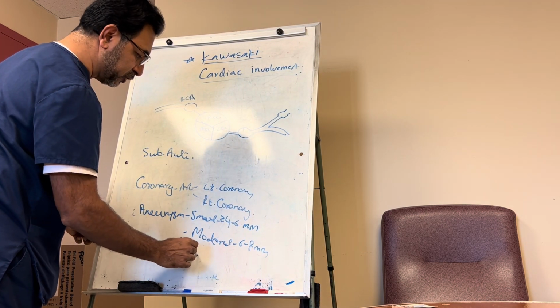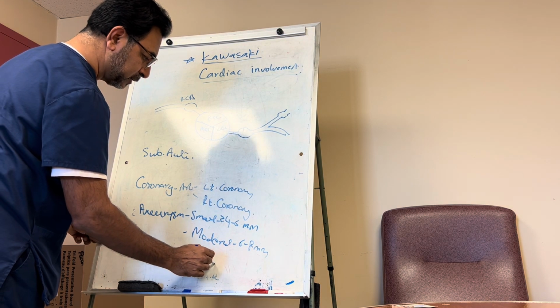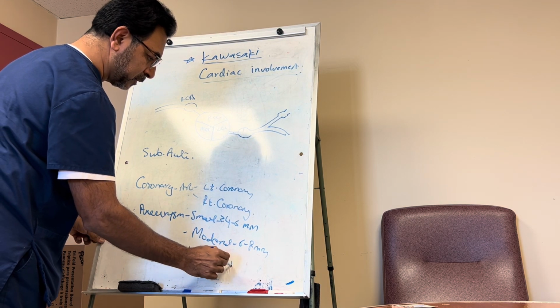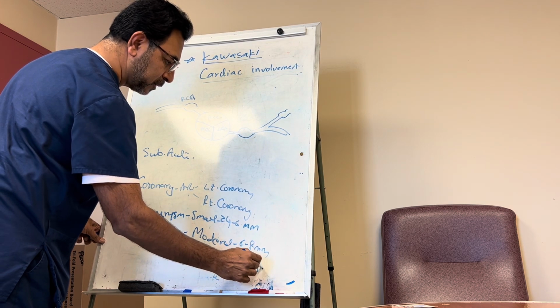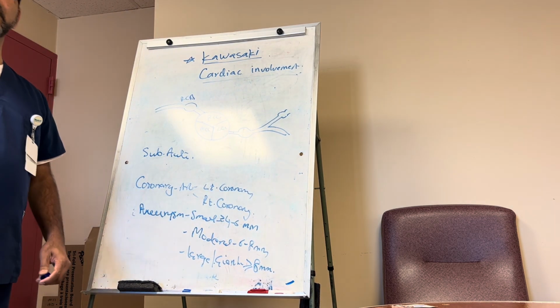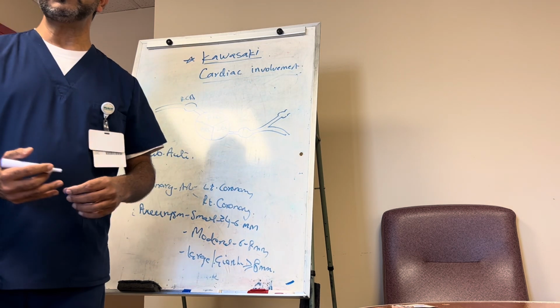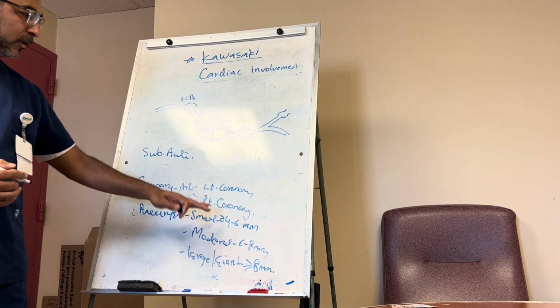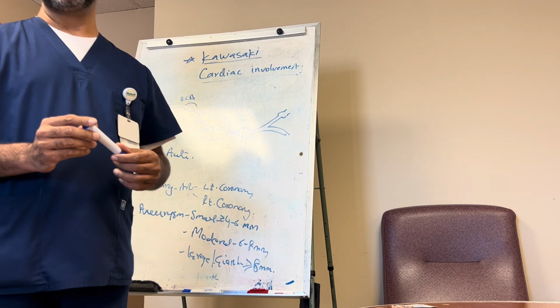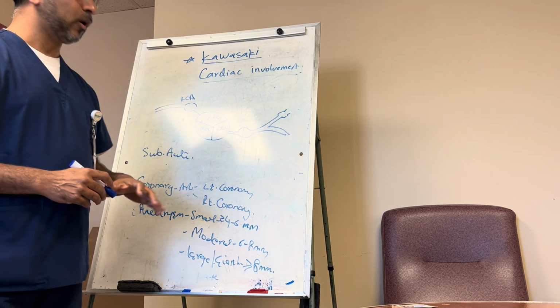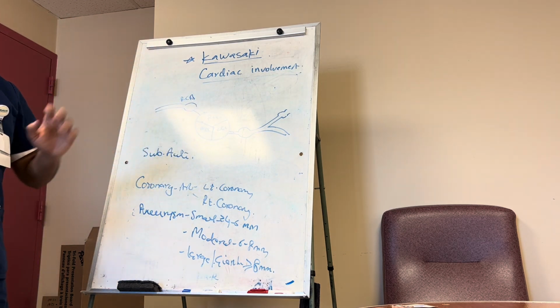And large or giant aneurysms is more than 8. So this is how we stratify or diagnose them based on the size of the aneurysmal dilation. Is it clear? Okay, so that's about your diagnosis.